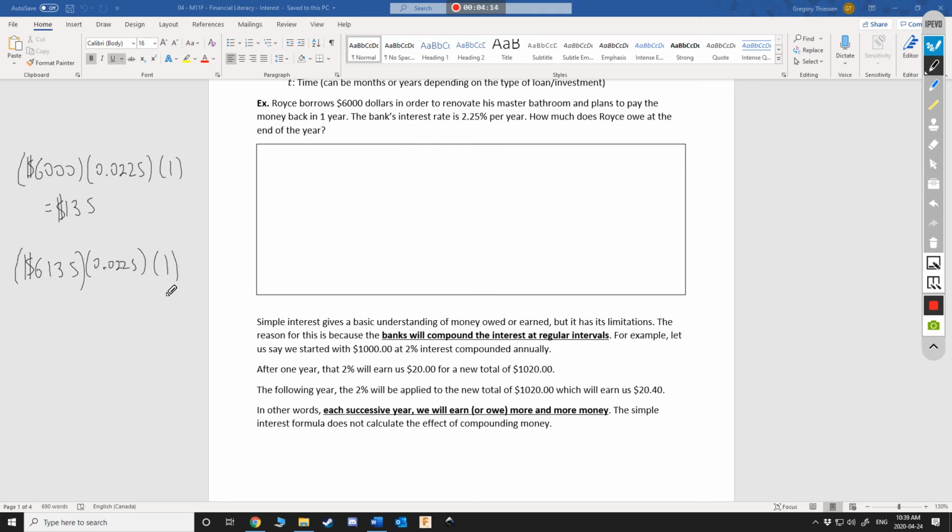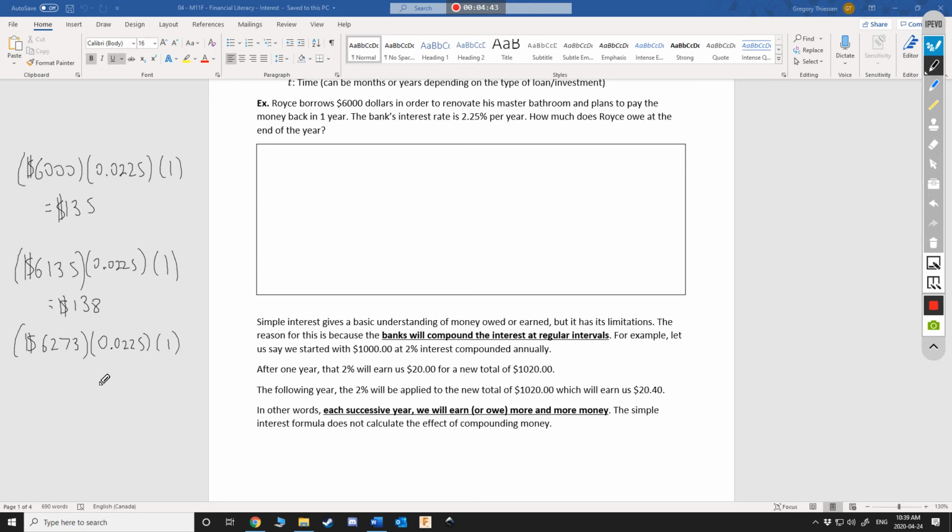So 6,135 multiplied by 0.0225, in the second year you would owe 138. I'm just going to round it to keep it simple. So now the total amount you owe is 6,135 plus that new value, which is 6,273.